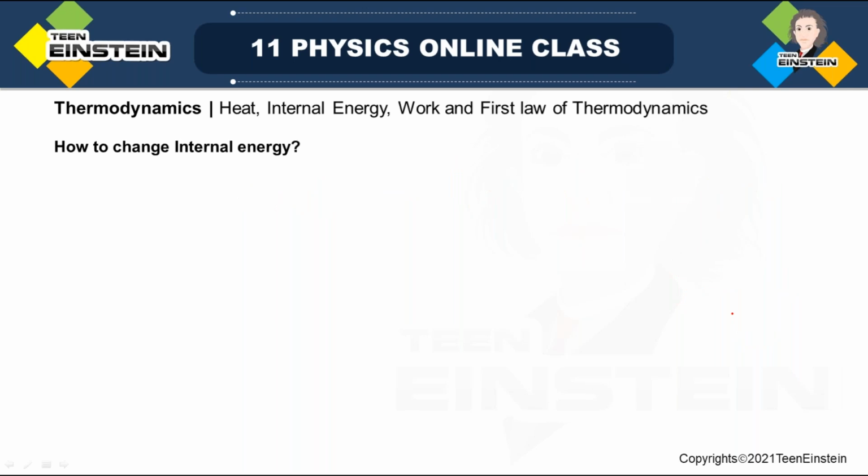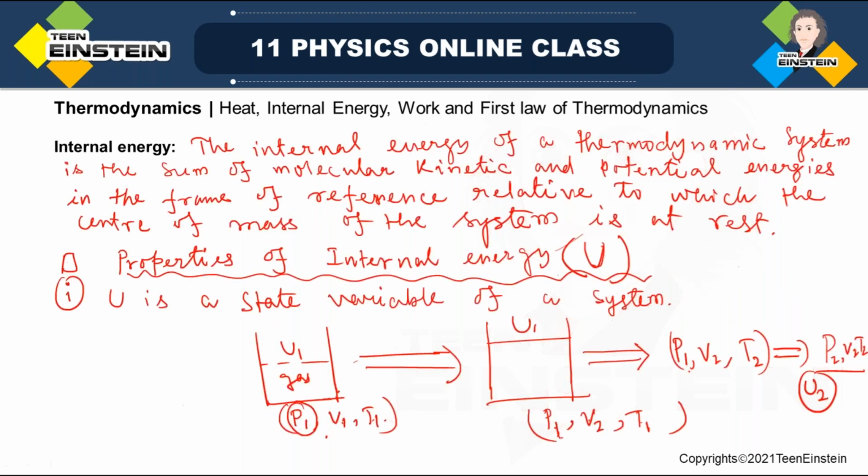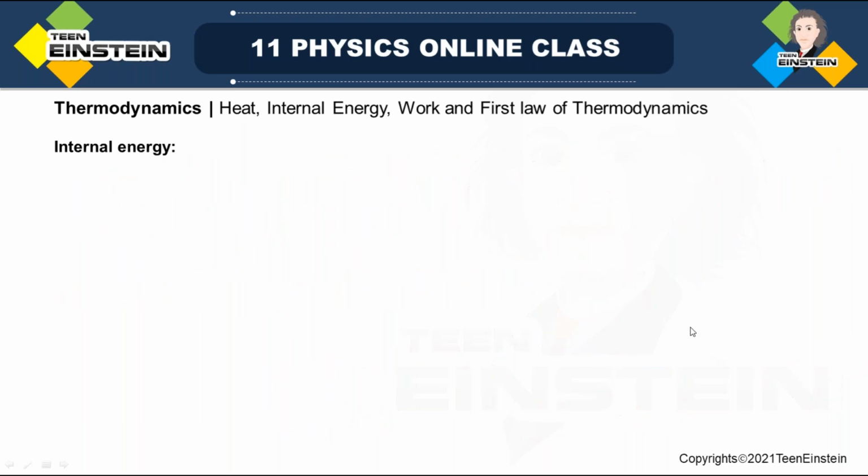That means it does not depend on the path or the means by which the state is achieved. So first, U is a state variable. This we have understood.